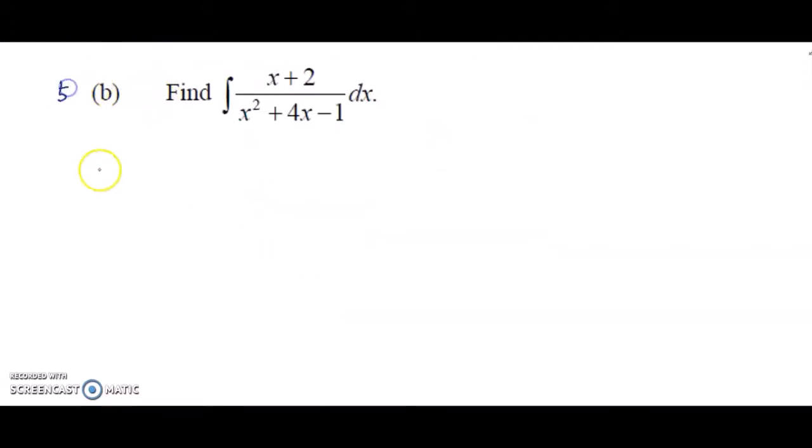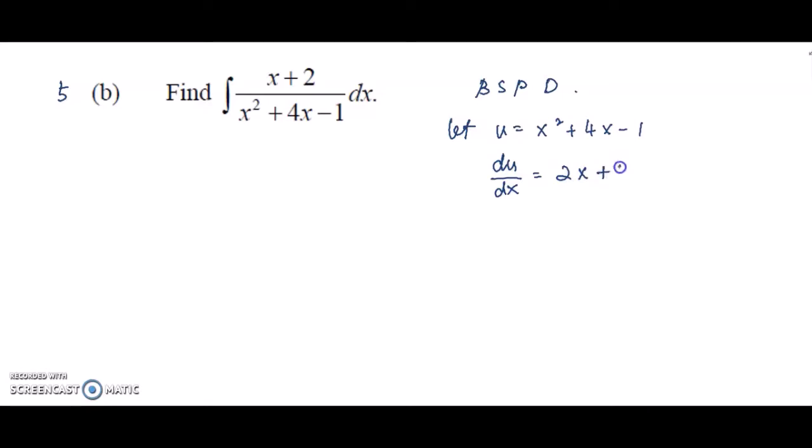This is the question 5b. 5b is asking us to integrate a rational function, which is x plus 2 over x squared plus 4x minus 1. Okay, to integrate this function, we can actually stick to the BSPD maybe. Or I'm going to use substitution method, because if I let u equal x squared plus 4x minus 1, I get my du dx equals 2x plus 4.